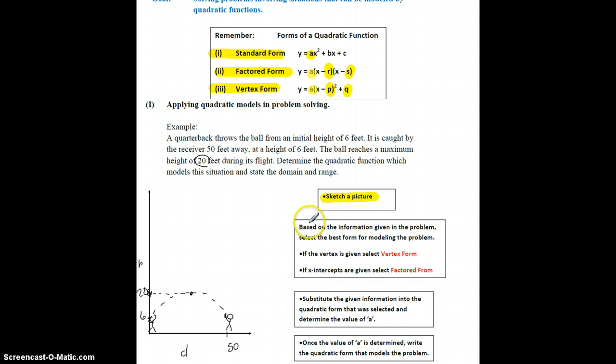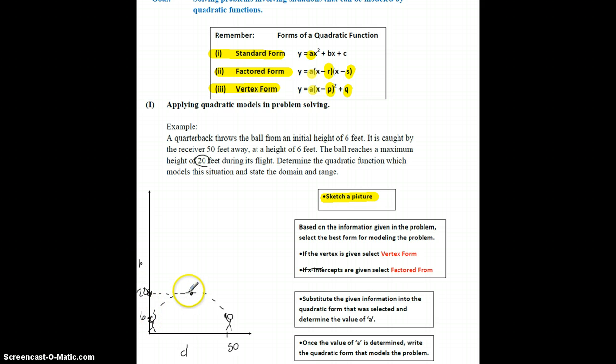Now, based on the information given in the problem, select the best form for modeling the problem. If the vertex is given, select the vertex form. If the x-intercepts are given, select the factored form. But since the ball didn't hit the ground, we don't have the x-intercepts, so we don't have this form. We would know the vertex.